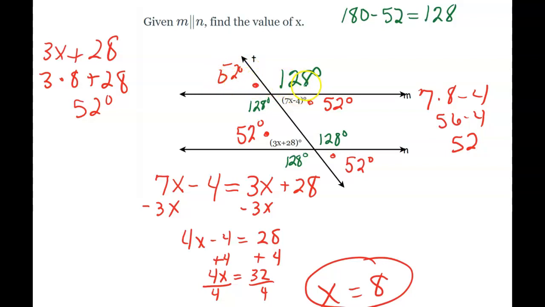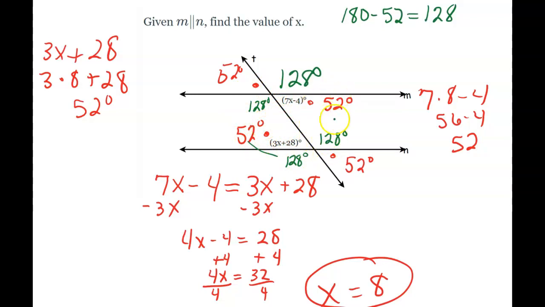These two, 52 and 128, are along that straight line, so they're a linear pair. Over here, 128 and 52 are along a straight line, so they're a linear pair. This way, another straight line, linear pair. Notice these two also add up to 180 because they're consecutive interior angles.